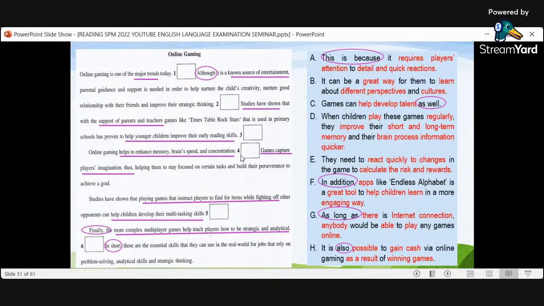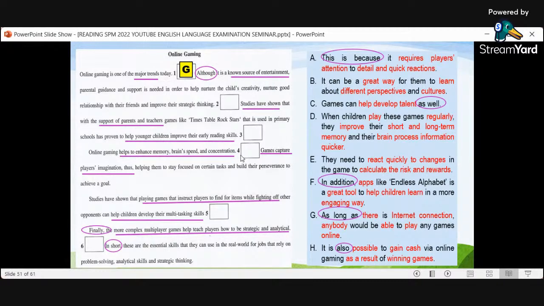Online gaming is one of the major trends today. Okay, and then you have, although it is a known source of entertainment, parental guidance and support is needed in order to help nurture. Right, you have entertainment. Okay, so answer is G because I have nothing about entertainment there except for G. As long as there is internet connection, anybody will be able to play any games online.